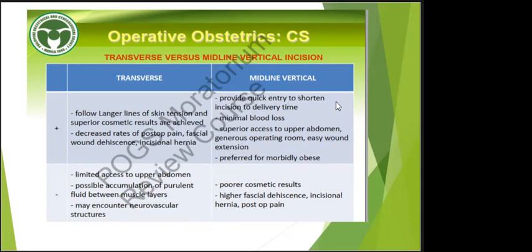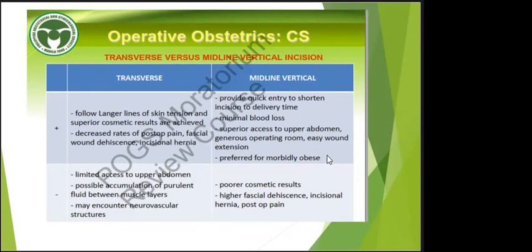What is popular among patients, or what we usually do, is the midline vertical incision on the maternal abdomen. It provides a quick entry and shortened incision-to-delivery time, and when you do this kind of incision, there is less blood loss. Okay, you have access to the upper abdomen.